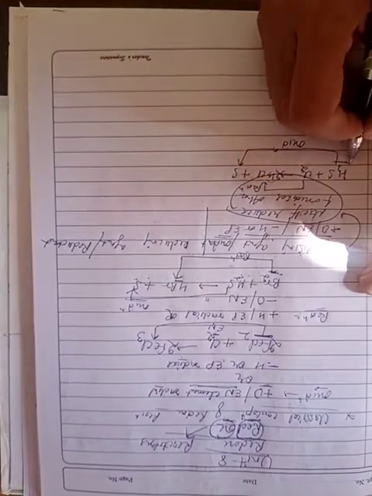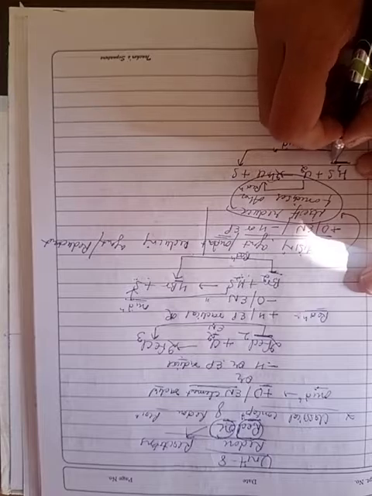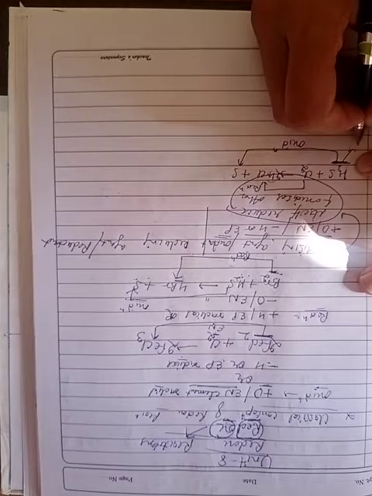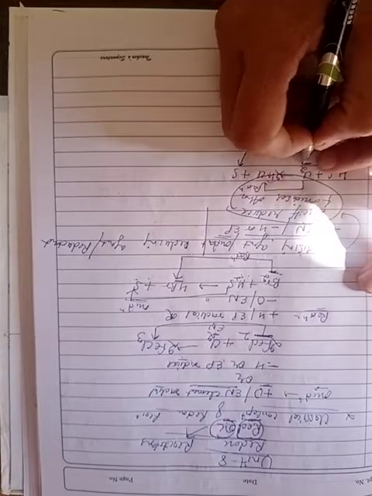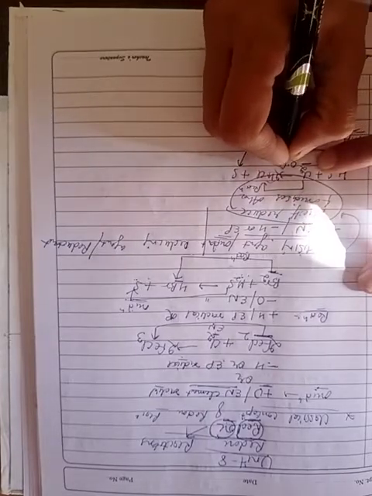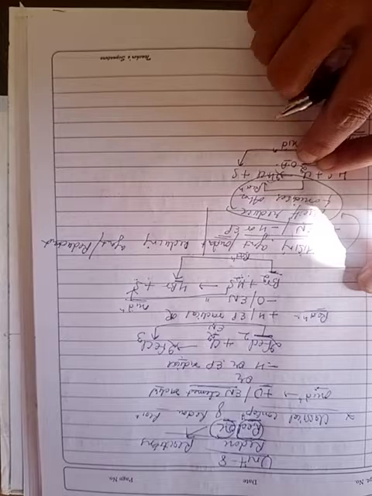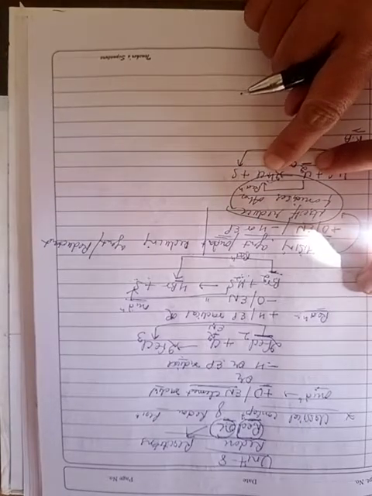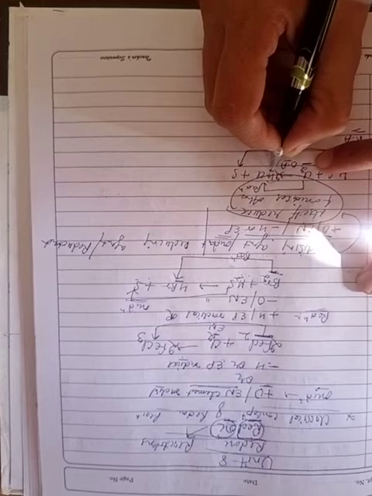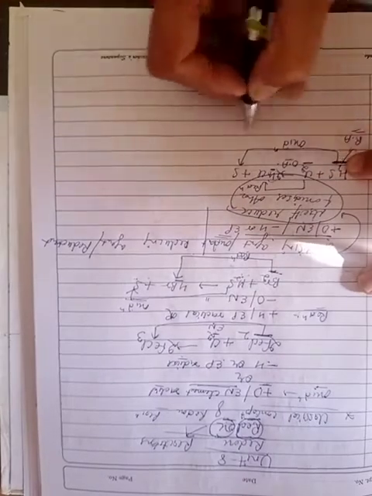Now, the species which undergoes oxidation, or which is oxidized, will act as the reducing agent, and the species which is reduced will act as the oxidizing agent. Now, how can we define an oxidizing agent? The agent which reduces itself and oxidizes the other.